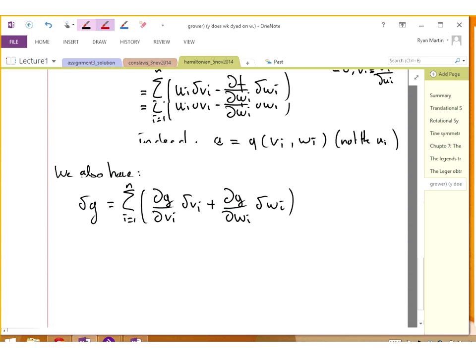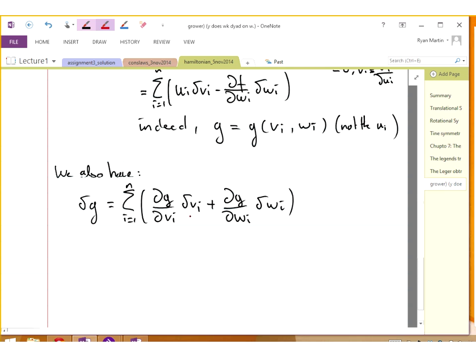So again, we do the same thing. We can compare the terms in delta Vi and the terms in delta Wi.